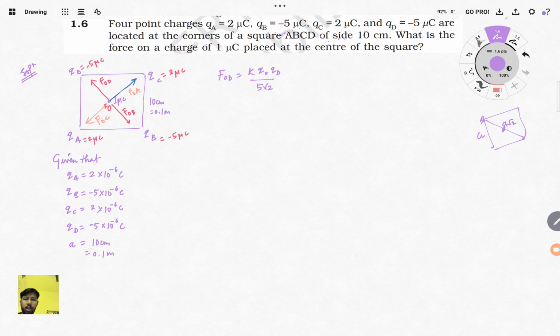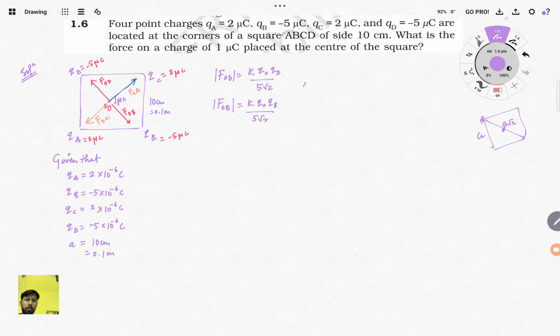And now for magnitude, this is the magnitude of FOD. Now let's calculate the magnitude of FOB, the force on O due to B, so Q naught and QB by R, which is the distance between these two charges, right?